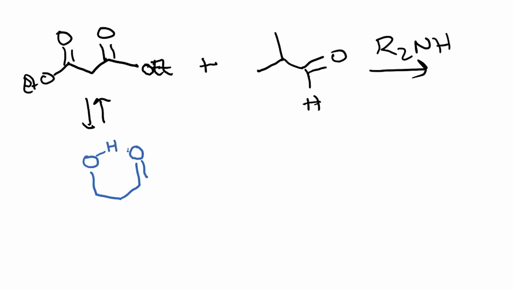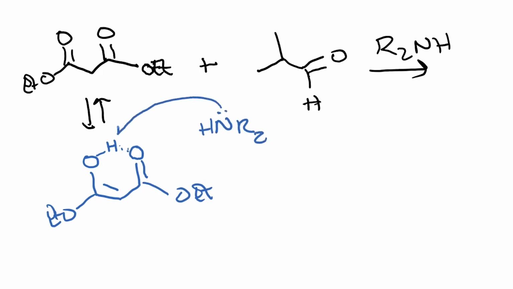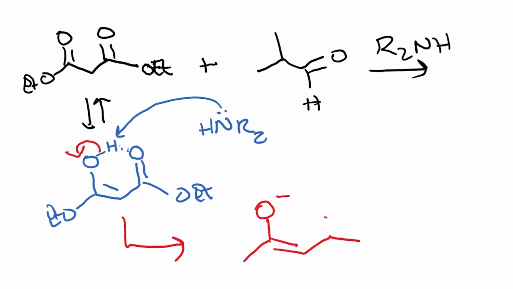One of the reasons why this enol is very stable is because of this intramolecular hydrogen bonding. And so this base, NHR2, can come and abstract this hydrogen, and this can give you the enolate that we are looking for.